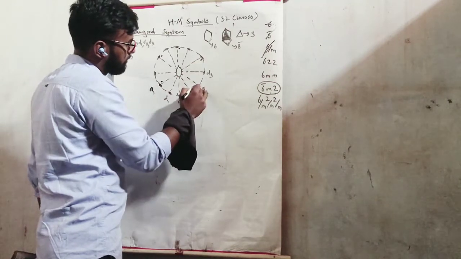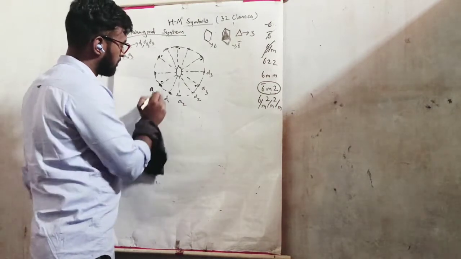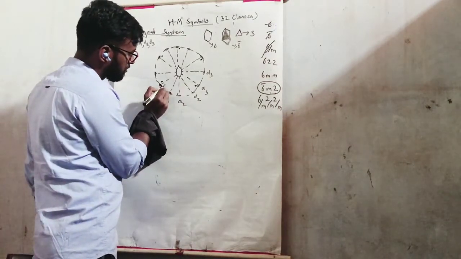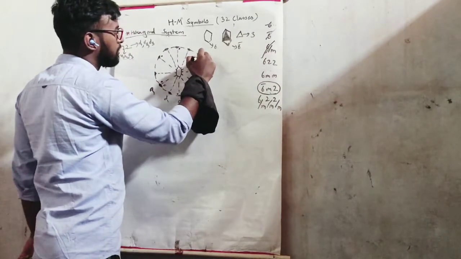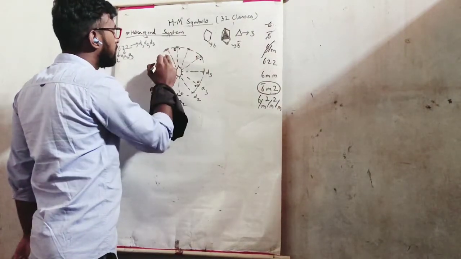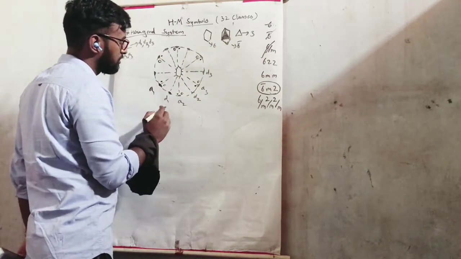Here and then here. This is the 6-fold operation. Now we will see the 2-fold operation. About this axis, the 2-fold operation will be this. For this, here. 2-fold operation, 2-fold.